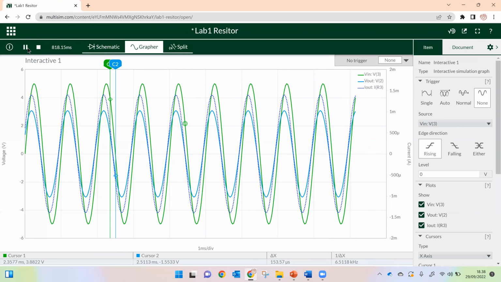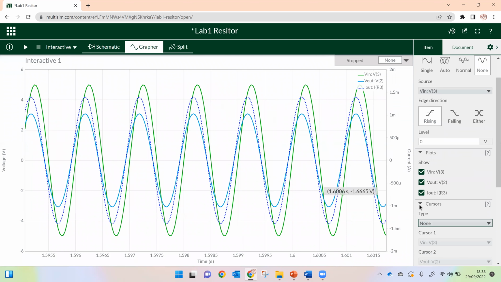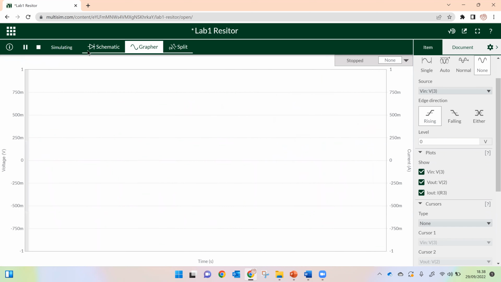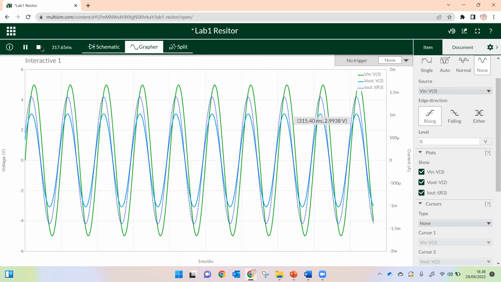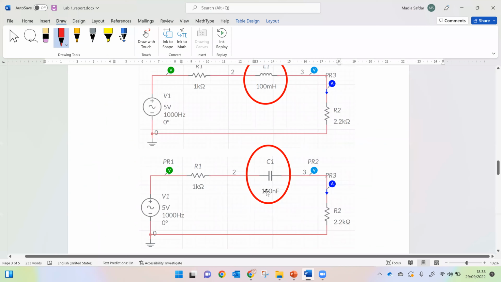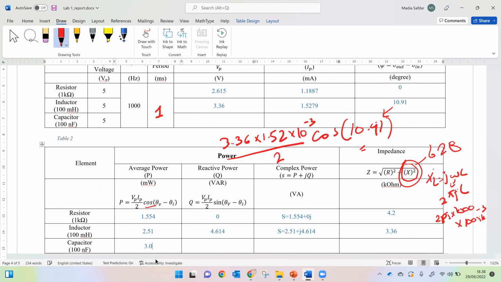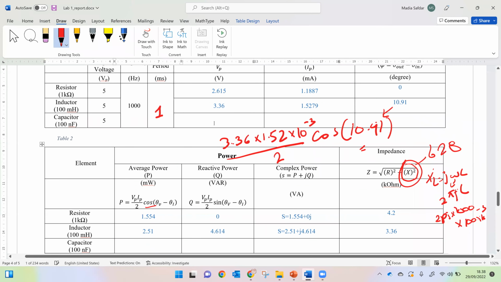Now same steps. Close it from here. For the moment, just remove the excess and then check. Now check this. How much? 3.07 volt. It should be here. 3.07.